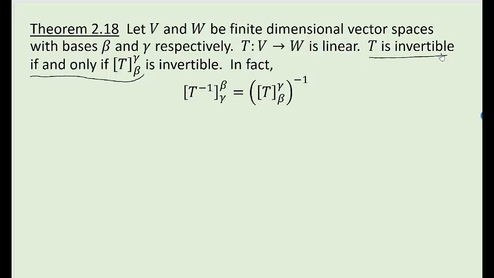But here it tells us that, yes, the matrices must be square, because the dimension of V is equal to the dimension of W. It makes sense that T is invertible means that its matrix is also invertible. And in fact, the matrix for the inverse function is exactly.